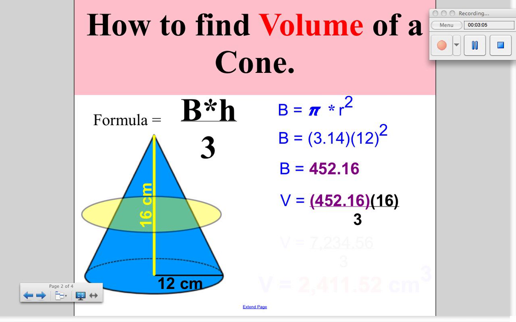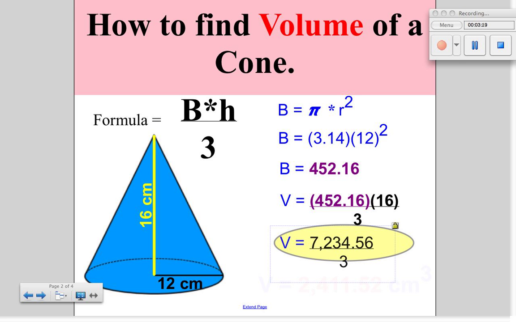The height of this over here is 16, so that 16 goes right there. We multiply those two together and then divide by 3. When we take 452.16 times 16, we get 7,234.56. We still have to divide that by 3 to get the volume.